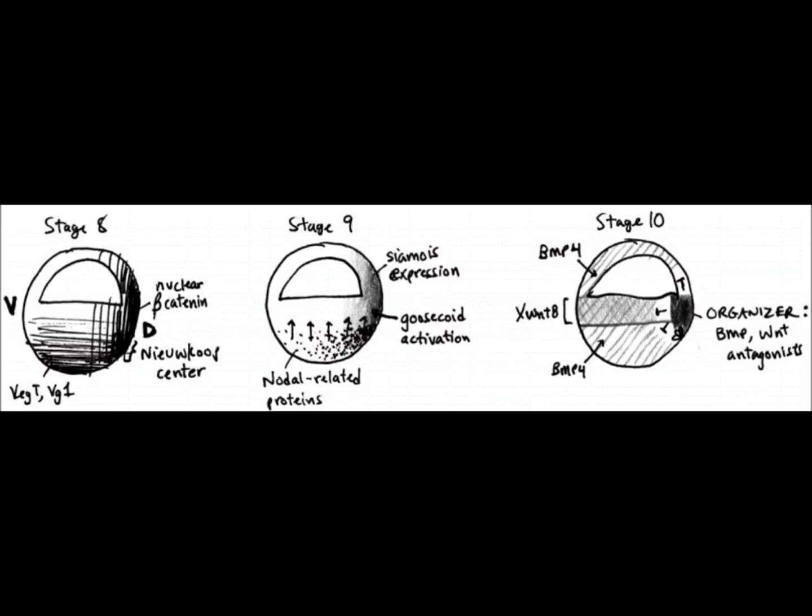So in the early embryo, before gastrulation, the specification of the organizer requires the Wnt pathway to stabilize β-catenin, but after the mid-blastula stage, when the organizer has already been specified, a zygotic expression of Wnt proteins, in this case X-Wnt8, is used to specify ventral mesoderm. To ensure the proper development of dorsal mesoderm, the organizer secretes Wnt and BMP antagonists.